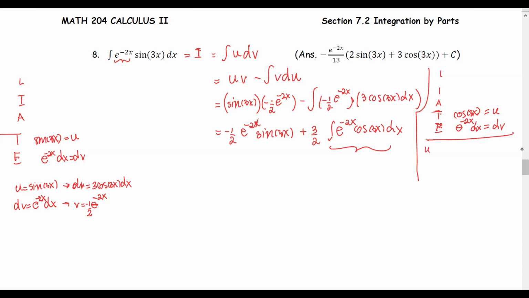So u is cosine of 3x, therefore du is negative 3 sine of 3x dx. And dv is e to the negative 2x dx. Therefore, v, the integration of e to the negative 2x, gives us negative 1 over 2 e to the negative 2x.